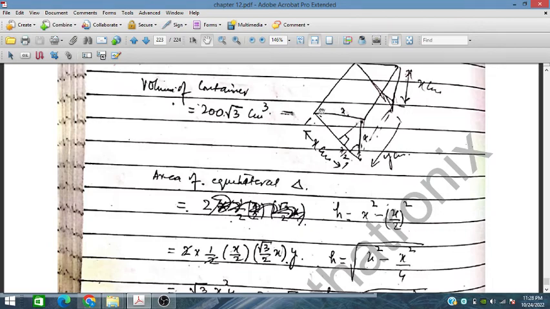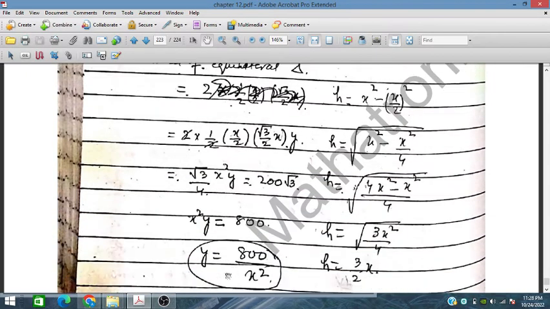The double area comes from the right angle triangles. So x squared over this, and y is equal to 800 by x squared.